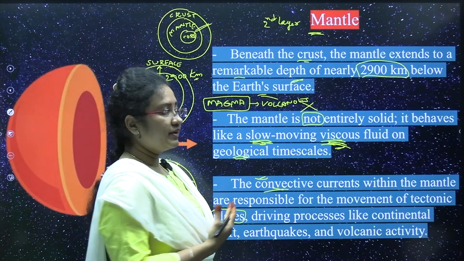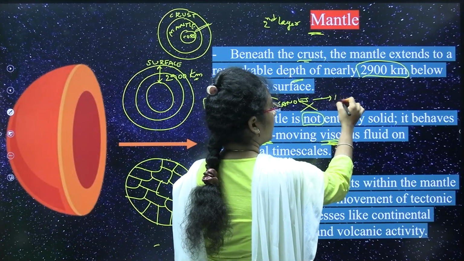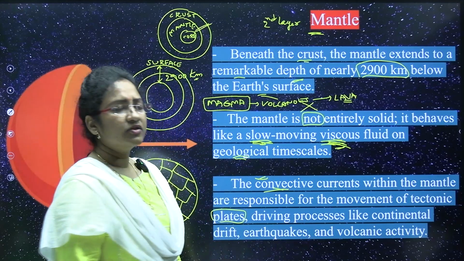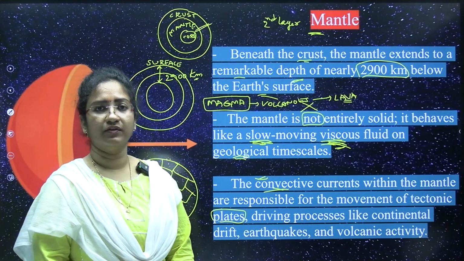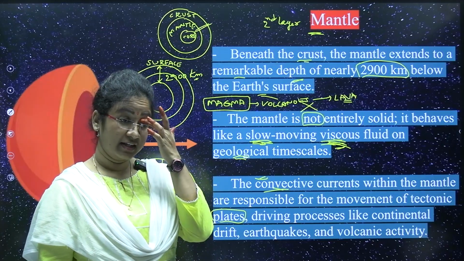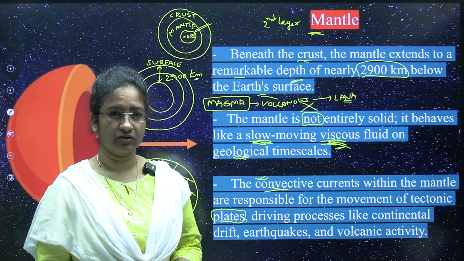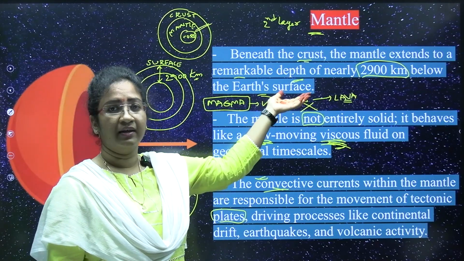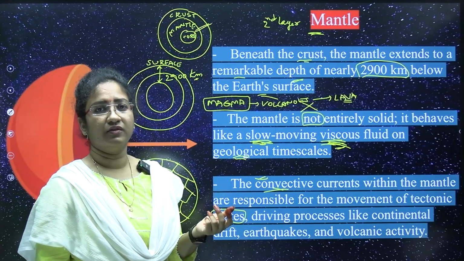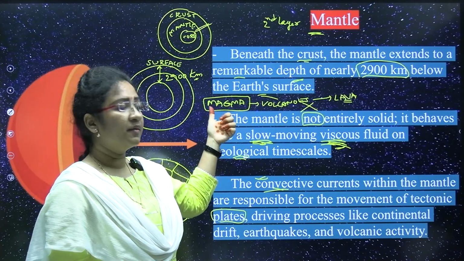So what comes out of a volcano? It is lava. So where do you think the lava comes from? What is the source of this lava? You would have at least seen in pictures or in movies volcanoes and lava coming out of them. So what do you think is the source of this lava? It is this mantle layer.